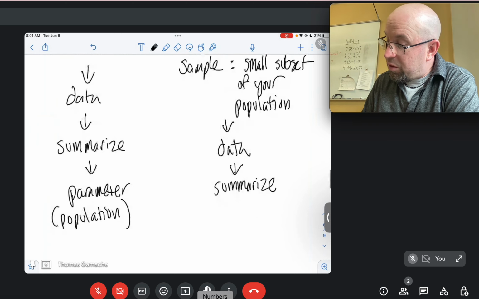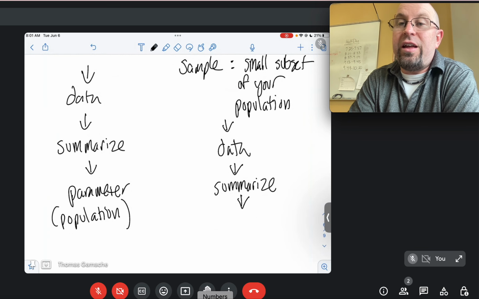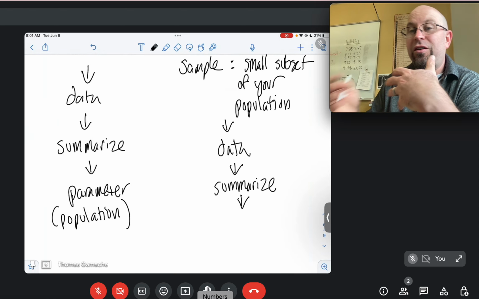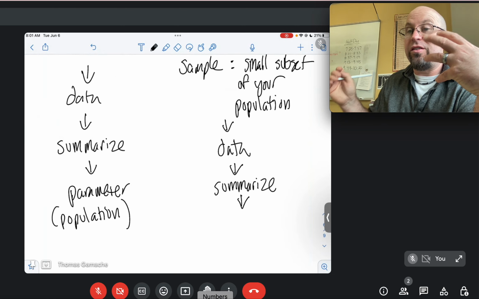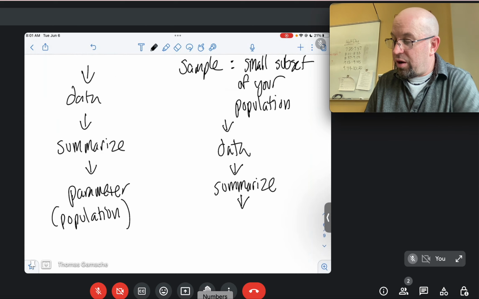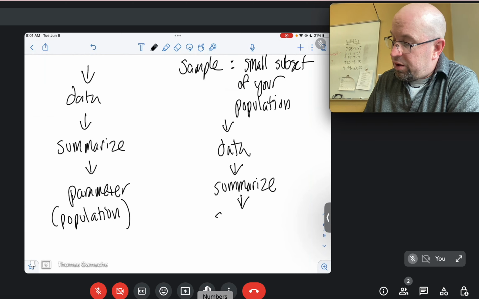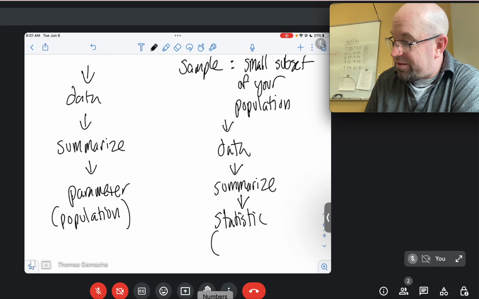Now, when you're summarizing a sample, so you're getting an average of everybody in your sample, you're hoping that you can apply it to your population, but ultimately it's summarizing your sample because you don't have data for everyone in your population, just your sample. If you're summarizing your sample, you are getting a statistic. That's what the whole course is based on, basically.